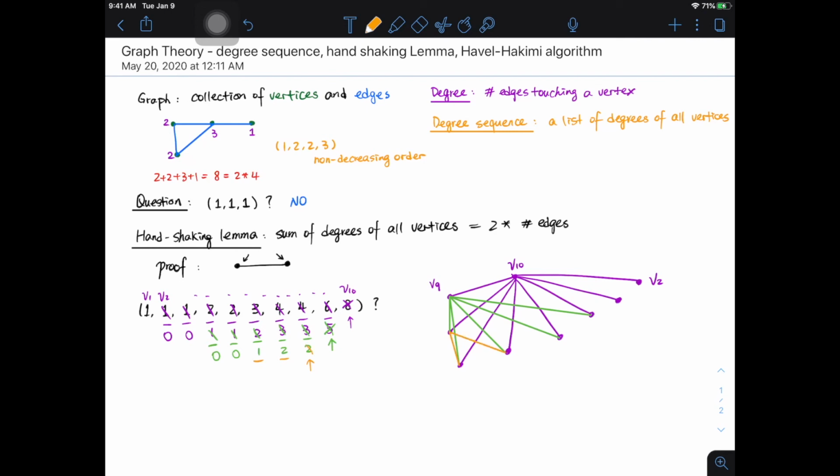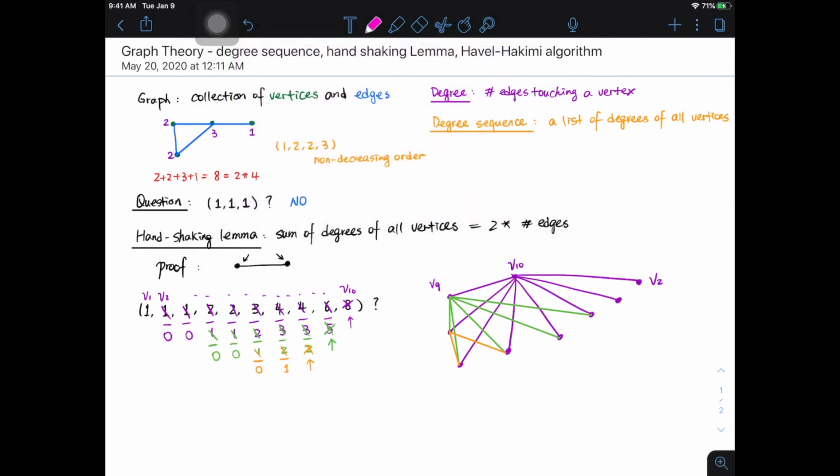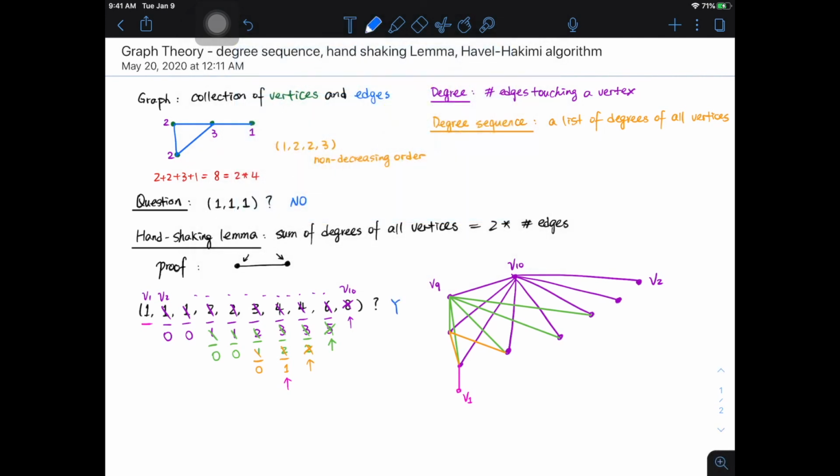And updating the degrees. Lastly, the vertex with the highest degree is this one, and you really only have 1 left, so we'll just connect this to vertex 1, which is not even connected to anything yet. So just by constructing the graph, we know there is a graph whose degree sequence is exactly this.